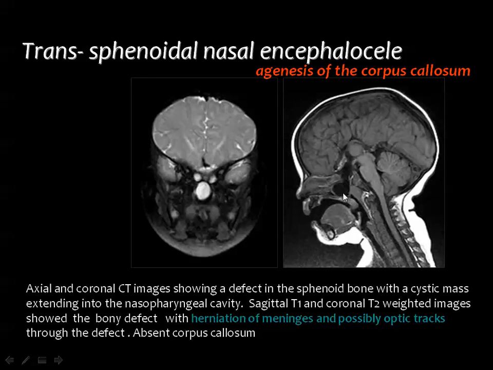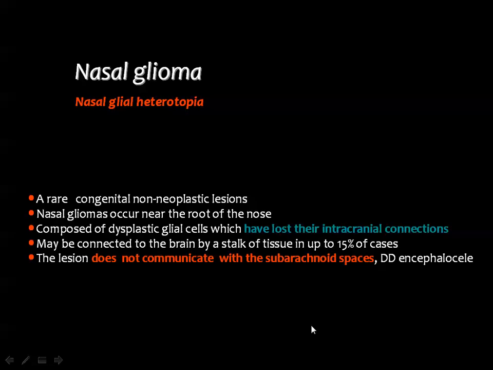In the T1 weighted image, it contains fluid which is black, and in the T2 weighted image, the fluid is bright. Then there is no brain tissue inside this meningocele, but there is a possibility that the optic tracts may be herniated in the wall of this meningeal sac.